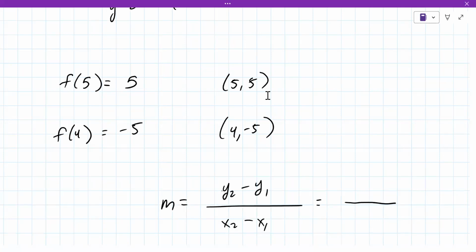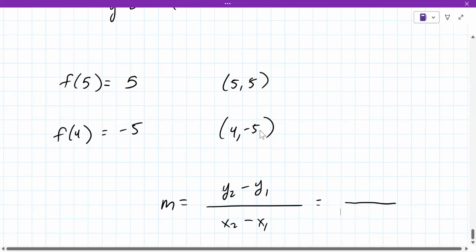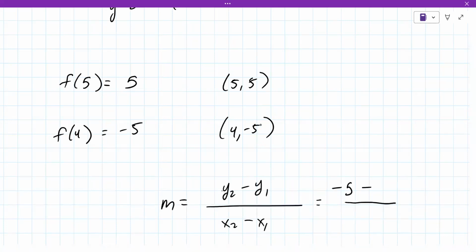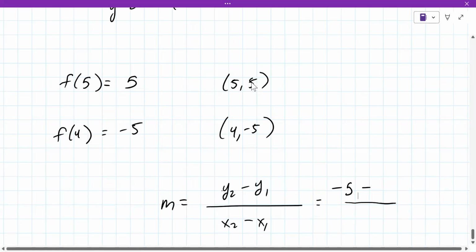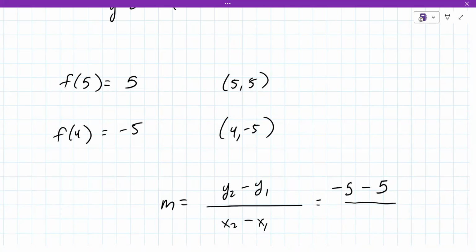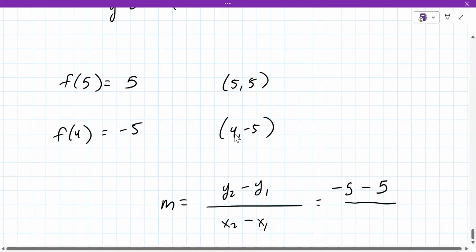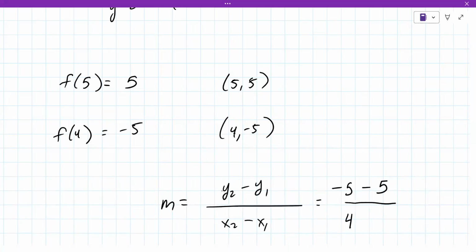What are you using for y2? -5. Okay, minus y1. What is y1? 5. Okay, what's x2? Oh, it would be 10, sorry. And it would be 4 minus 5. Yes, it is -10 over 1. Sorry.